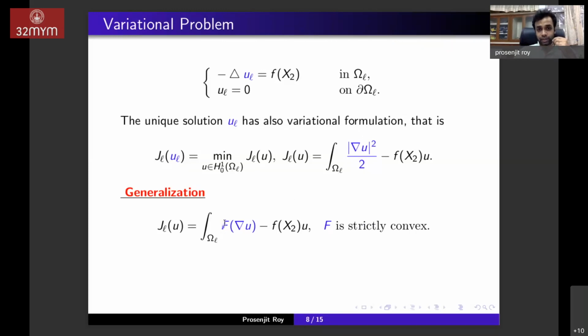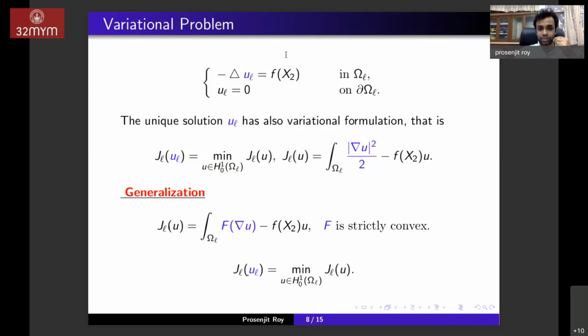So what do we lose? We lose the equation for the solution UL to this problem. The solution UL to this minimization problem may not be the solution of any Euler-Lagrange equation.